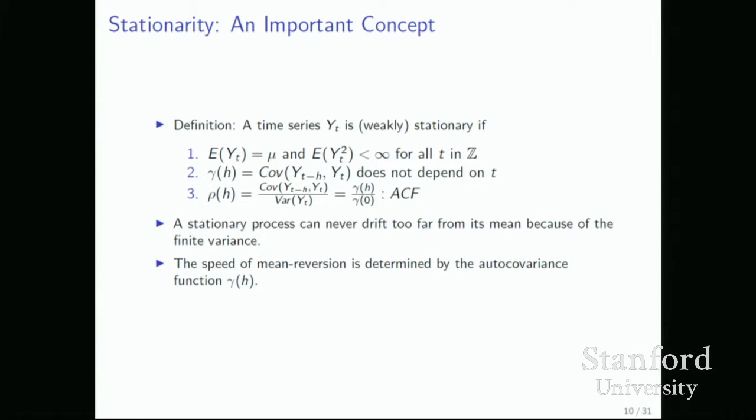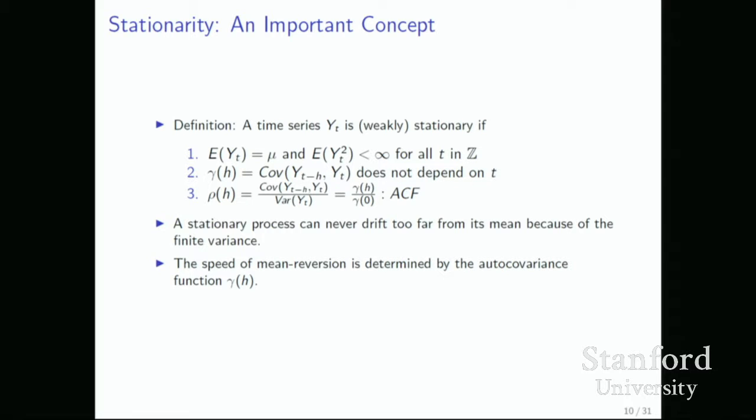A time series yt is said to be weakly stationary if the average is a constant and the variance is finite. And you can also see that gamma h is the covariance between two time points yt and yt minus h. It depends only on how far these time units are apart. It does not depend upon where they are in the time series.